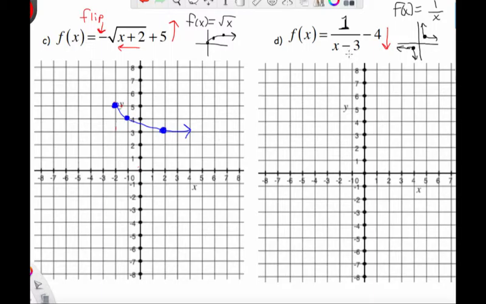So that is your left-right shift, and that is opposite of what you think it should be. It's actually to the right 3. And let's go ahead and then just find our new origin. I don't have any flips or reflections. So I'm going to move to the right 3, 1, 2, 3, and down 4, 1, 2, 3, 4. My new origin is right here.